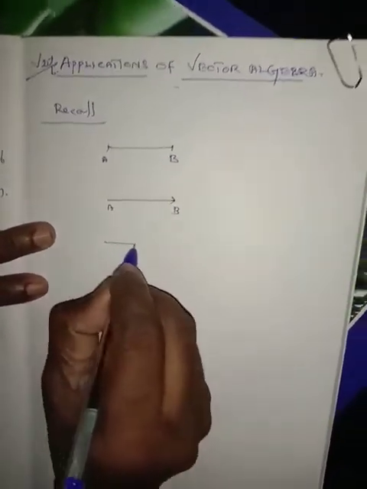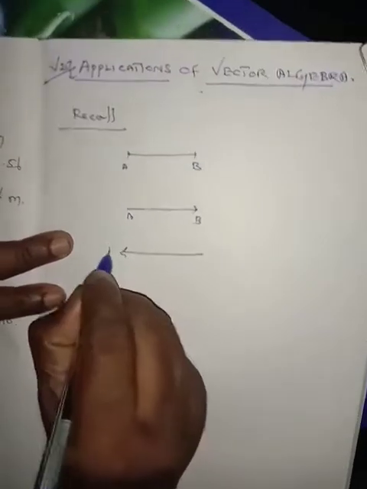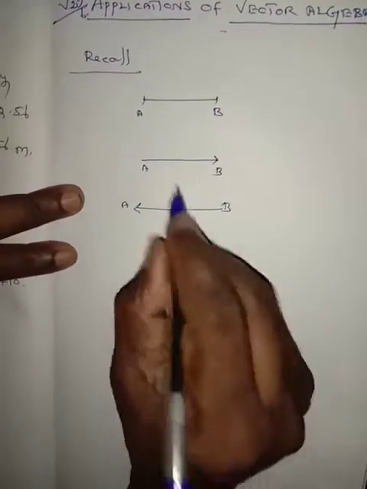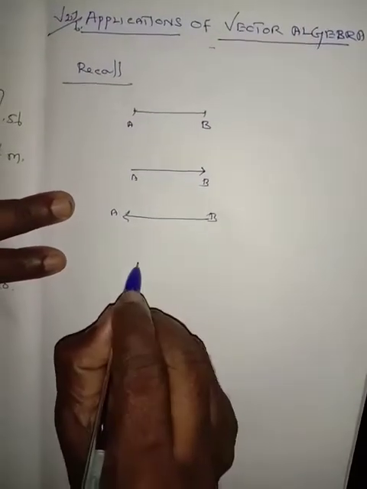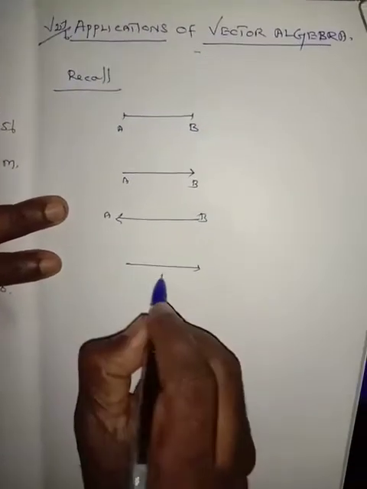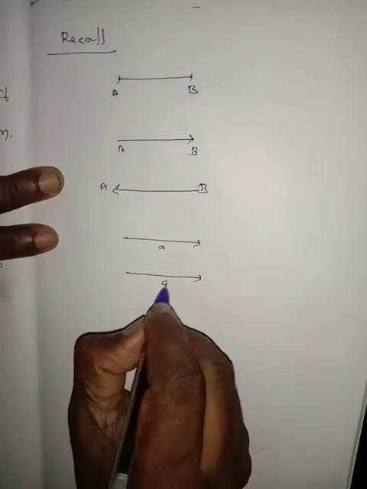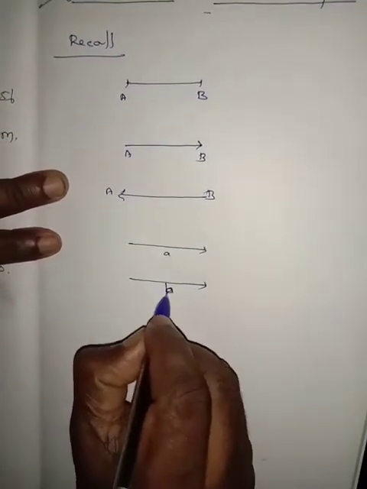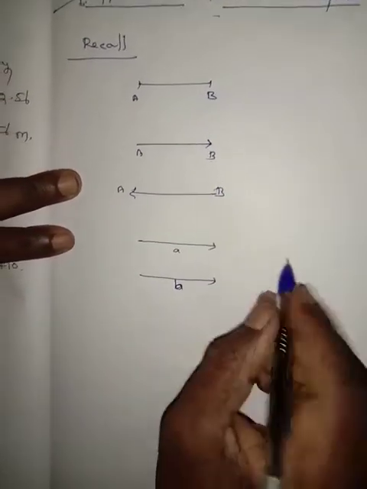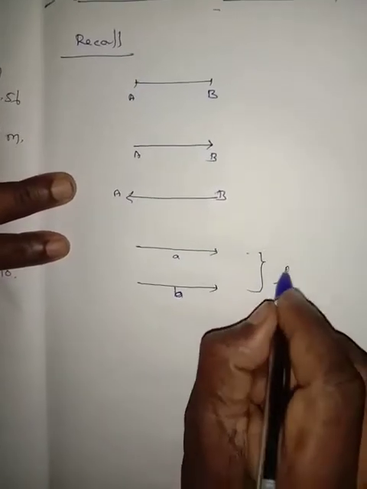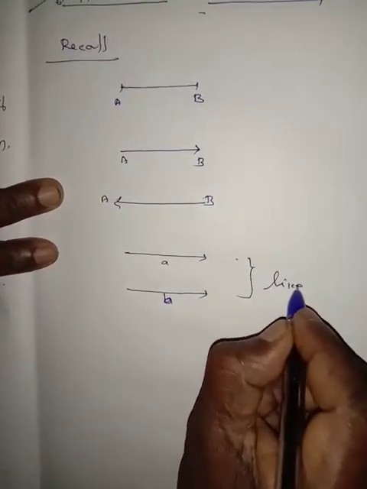Next, the arrow mark starts from A. B to A is a vector. If the two vectors, small a vector and small b vector, are parallel to each other, then they are like vectors.